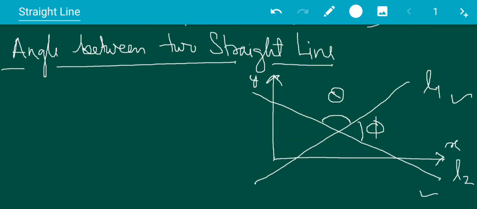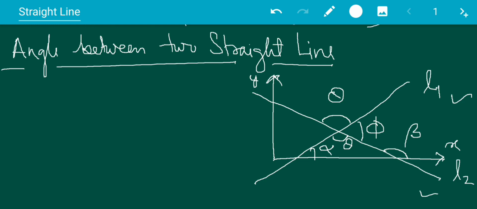Now this line forms an angle alpha 1, or you can say simply alpha. L1 forms alpha with the positive direction of x-axis, and L2 forms beta with the positive direction of x-axis. Now this is theta, so being a vertically opposite angle, this is also theta.